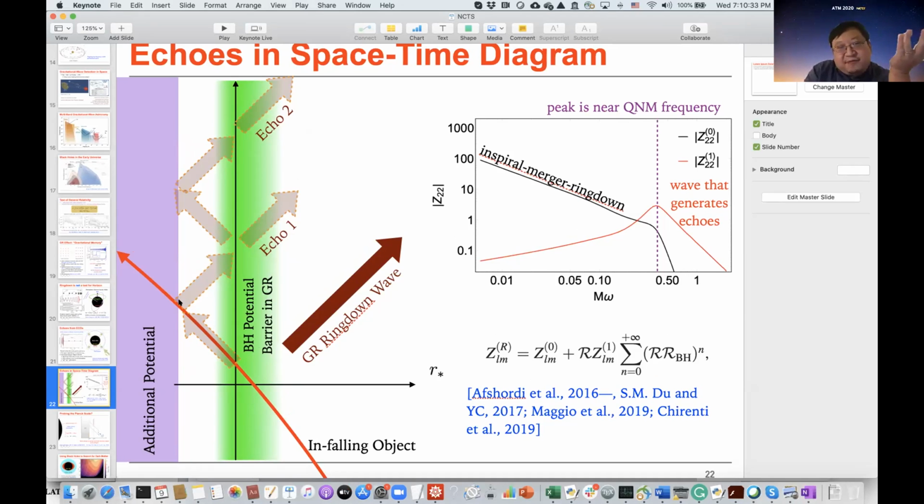But some of these waves that propagate towards the horizon may get reflected by the barrier and then come out as an echo, or they may be reflected again and give you another echo. Therefore, this is a more detailed way to explain how the gravitational wave in the ring down is generated and how the echoes might actually form.